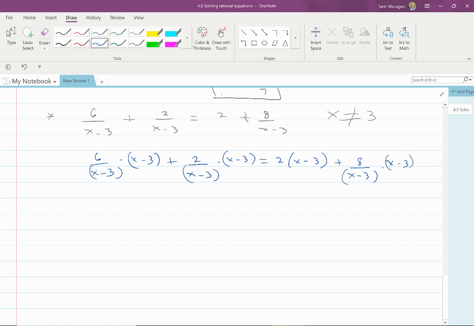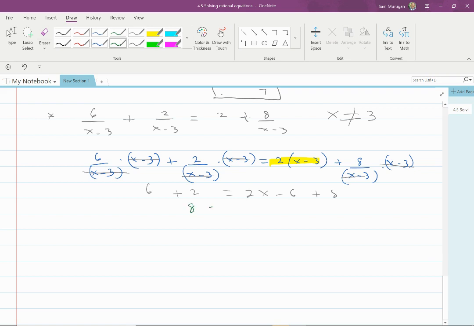So everything has been multiplied by x minus 3, and then we cancel. This leaves us with 6 times 1 plus 2 is equal to 2x minus 6 plus 8.